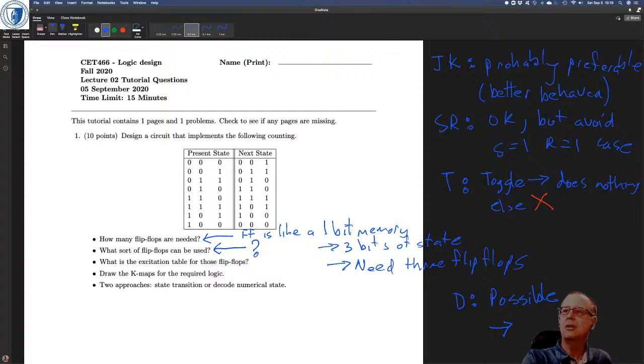So my only concern is that maybe the logic is more complicated. I think it's possible, but right, so JK, we can do that. SR, okay, and D possible, and I'll just do a little twiddle rather than an actual check mark.